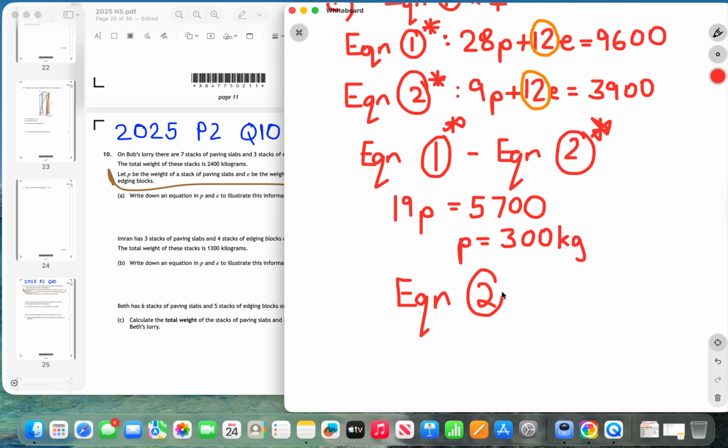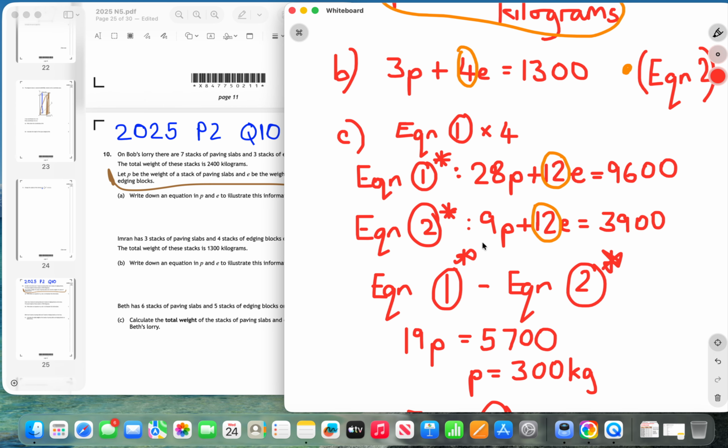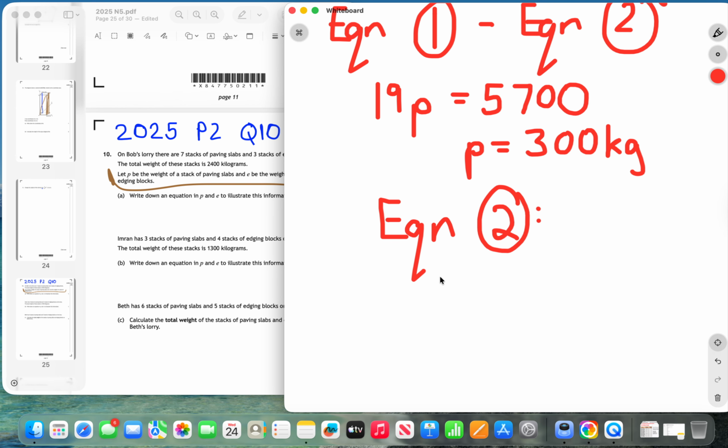So equation 2, let's substitute p equals 300 into this.